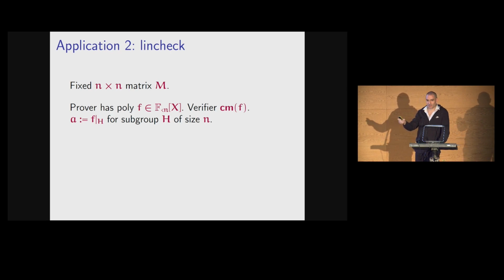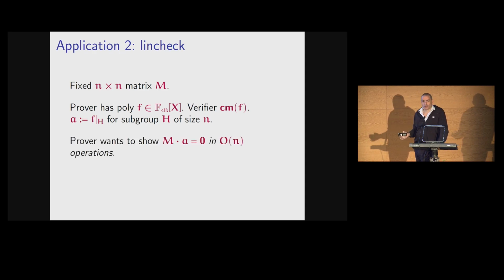From now on, the big N is going to be little n squared, and it won't be explicitly on the slides. And what do we want to do? The prover wants to show that M times A is 0. And again, the punchline is he wants to do it in O of n operations, even though the matrix could have n squared non-zero entries.